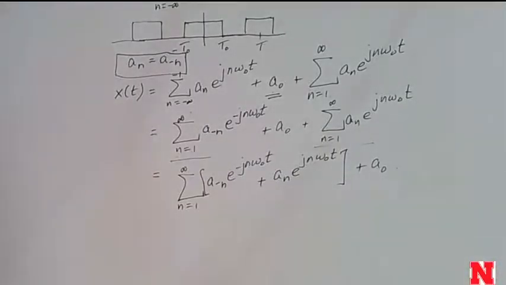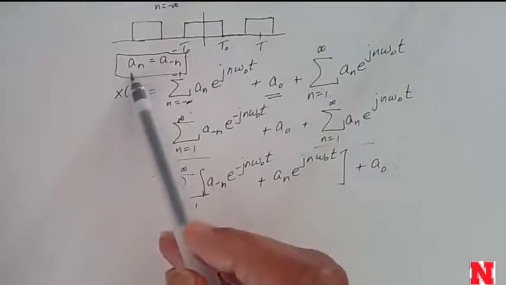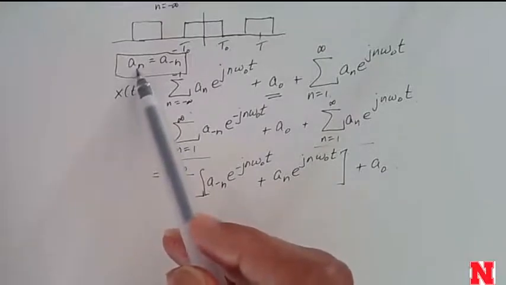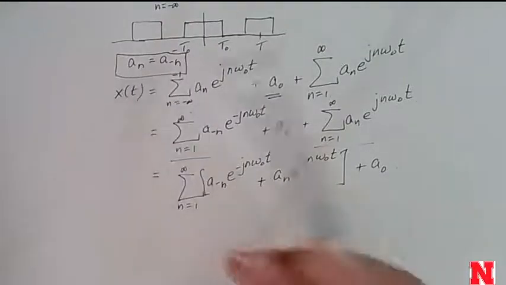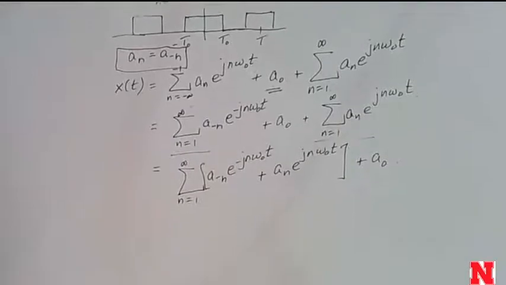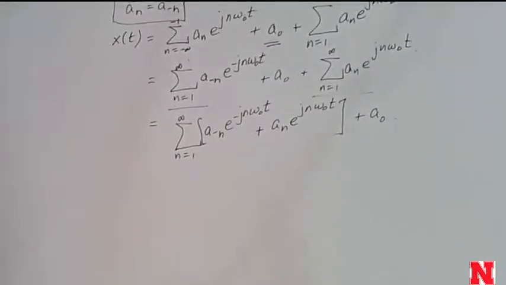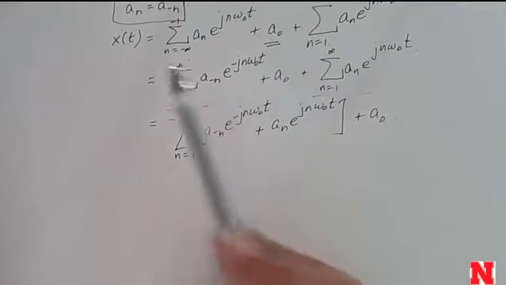Okay, now I'm going to use this special case formulation that a sub n is equal to a sub minus n. So let's take my a sub minus n and replace it with a sub n.